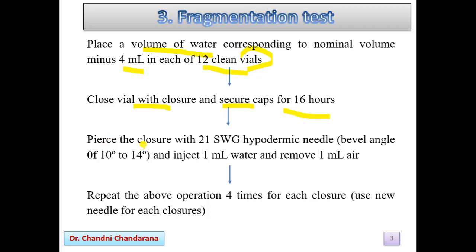After that, pierce the closure with a 21 SWG hypodermic needle. We use the needle to inject 1 ml of water and remove 1 ml of air. We repeat this operation 4 times for each closure.